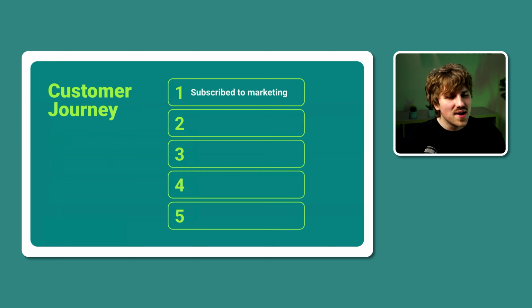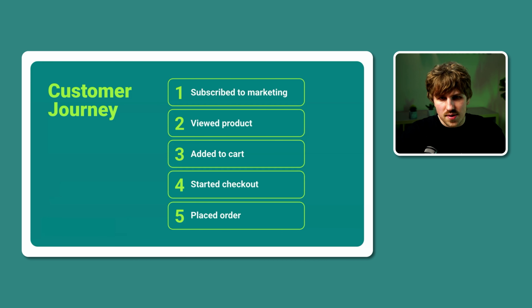I showed this slide, but I'm showing it again because you have to think how the customer gets from the start, point A, to point B, which is the purchase. And you have to go through the subscription, so showing the form, they view the product, they add the product to the cart, they start the checkout, and they place an order.